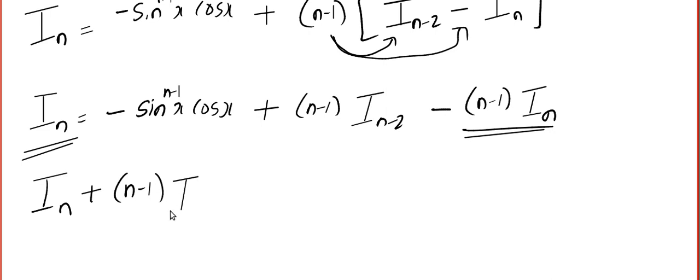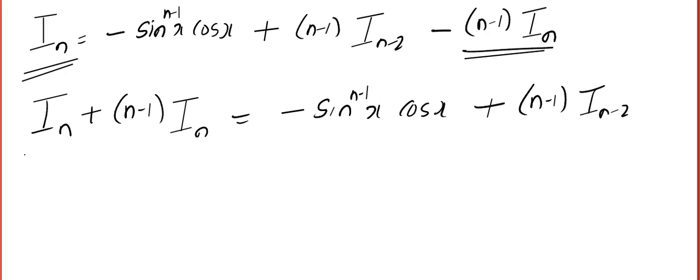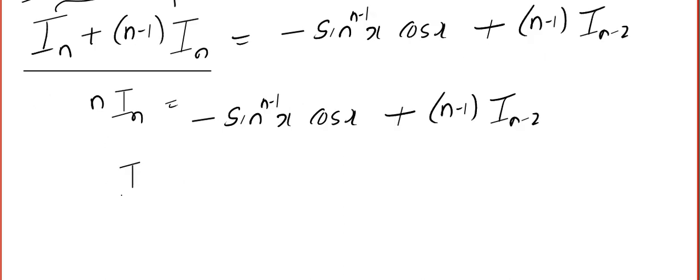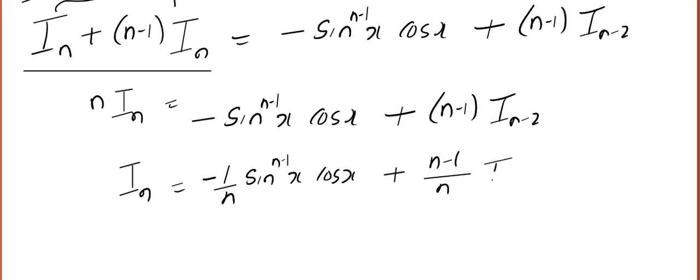So I take I_n to the left side and I keep the remaining part here. Now just take I_n outside, you'll get n common, so we get n I_n. Now what we do is we divide throughout by n, and then I'm going to claim that is my reduction formula. Can I claim that is my reduction formula?